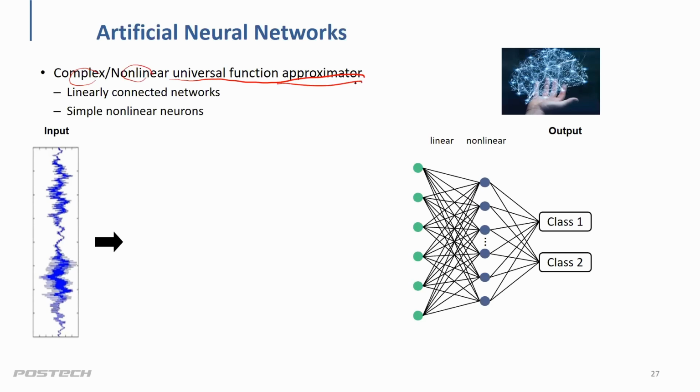We want to do linear combinations with linearly connected networks to represent the complex behaviors. And in order to handle the nonlinear behaviors, we need to embed nonlinear activation functions, but we want a very simple version of that, so it's very simple nonlinear neurons inside.